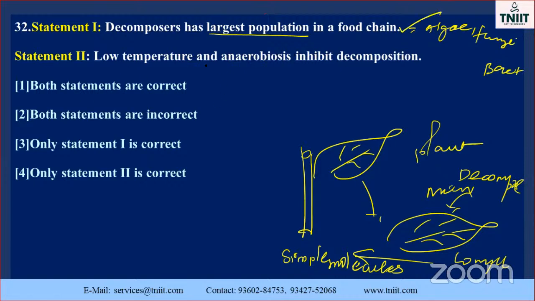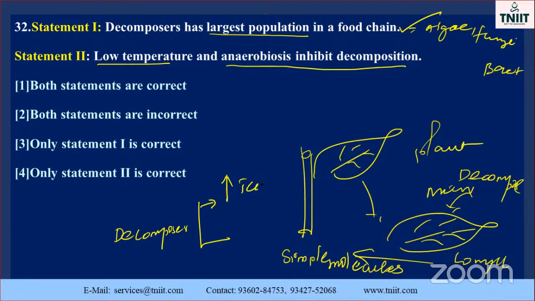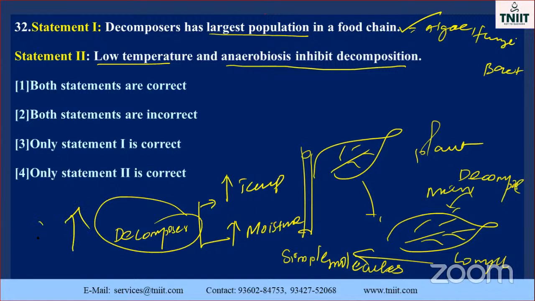The next one is: low temperature and anaerobic conditions inhibit the decomposition. Low temperature, yes, definitely. Normally, what are the requirements for the decomposition process? High temperature and high moisture are needed. This is very, very important. This is the normal, and it is very fast in nature.